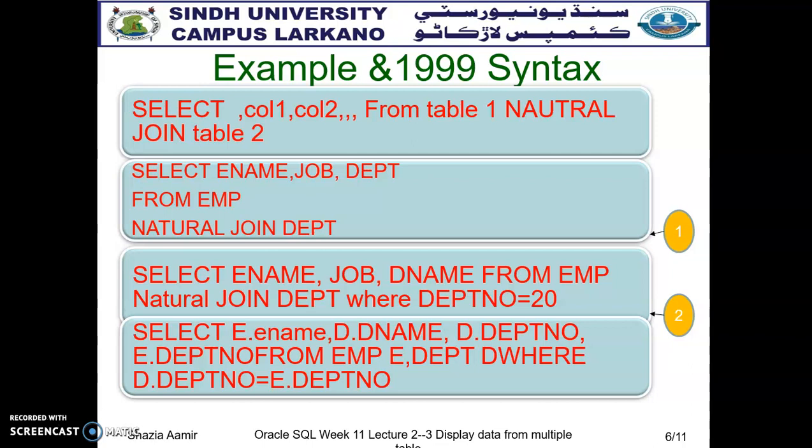This means we are getting the data by using natural joining. The fourth query is to select ename, department name, department number from employee and department where employee department number is equal to department department number.